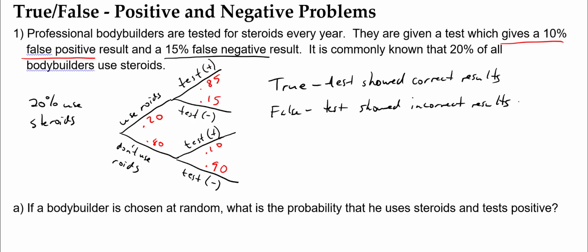Okay? All right. So let me just put on the side here, this is a true positive, and this is a false negative, and this is a false positive, sorry.